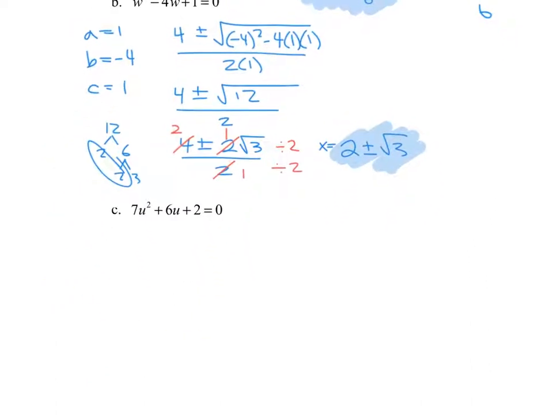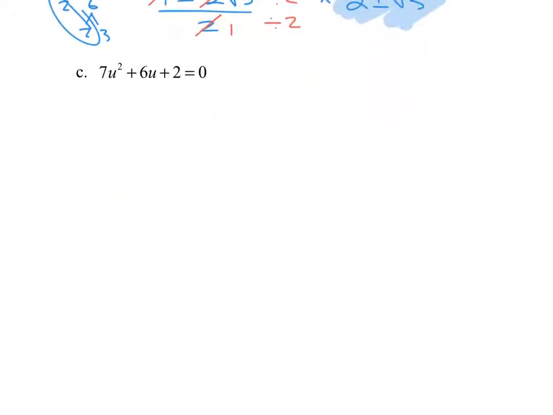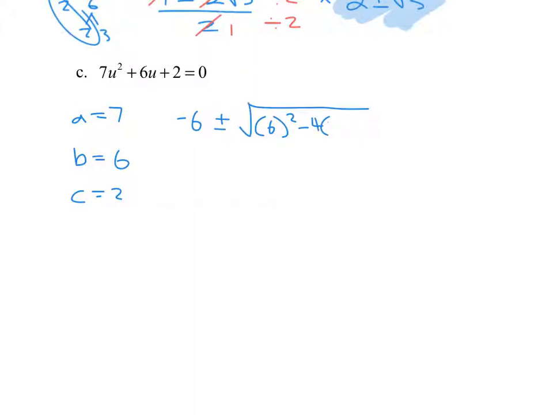And we'll do one more example. In this one, A equals 7. We already have 0 on one side, so we're good to go. B equals 6, C equals 2. The opposite of B is positive 6, so it changes to negative 6, plus or minus the square root of B squared minus 4AC over 2A.